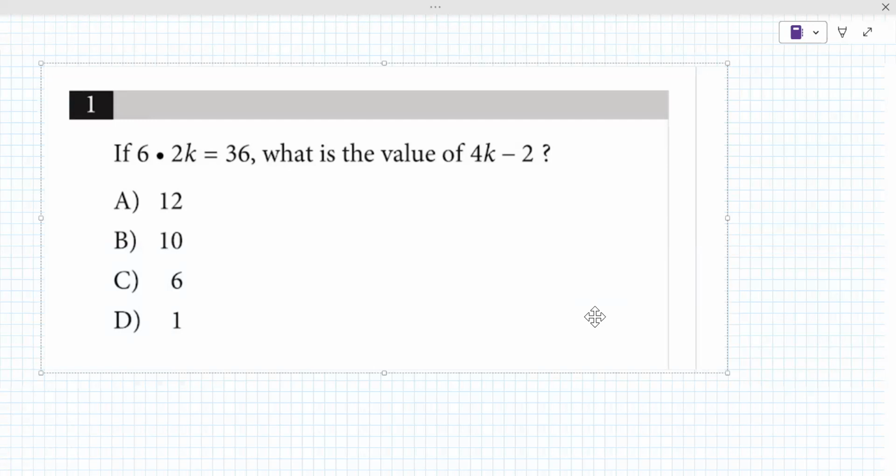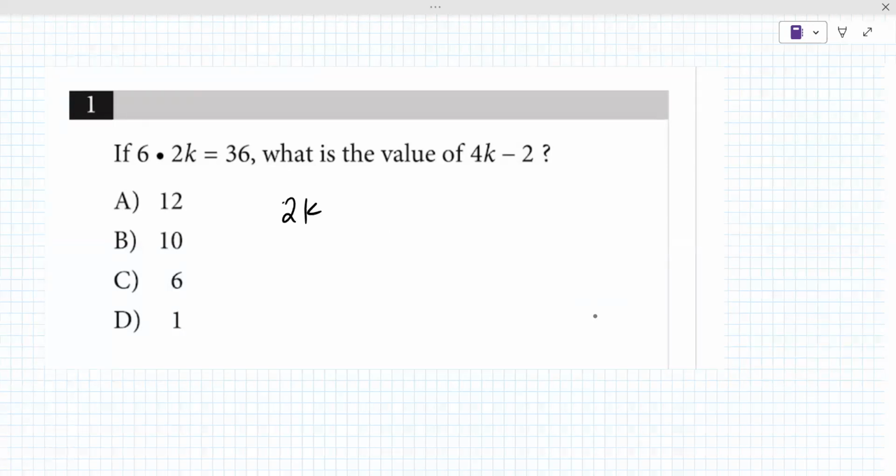Okay. So 2k, you're going with that one. 2k equals 6. Notice that if I multiply this by 2 and this by 2, that's 4k equals 12. Subtract 2, I get 10, like you said.